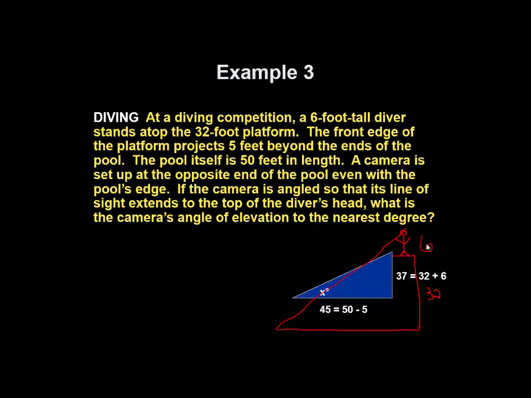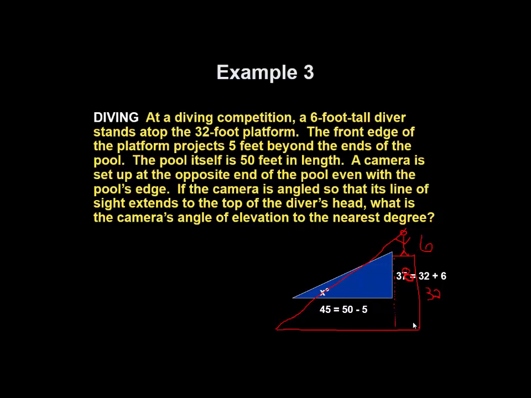So let's get a beautiful picture in here. Okay, so I have 32 plus 6 is actually 38. 32 plus 6 is 38. And then this distance right here, remember that this platform extends 5 feet. So I'm going to draw a dotted line here so you can see what we've done here.